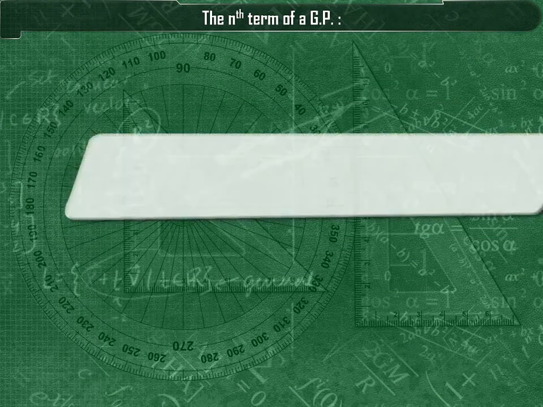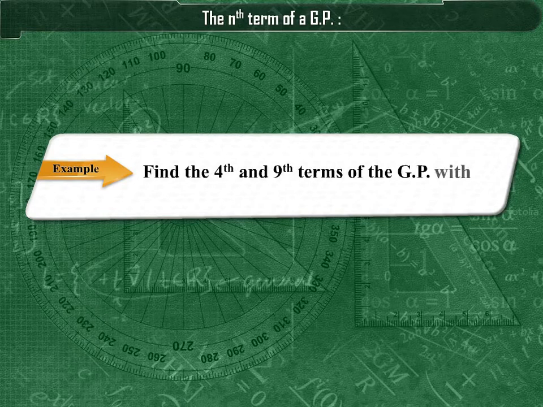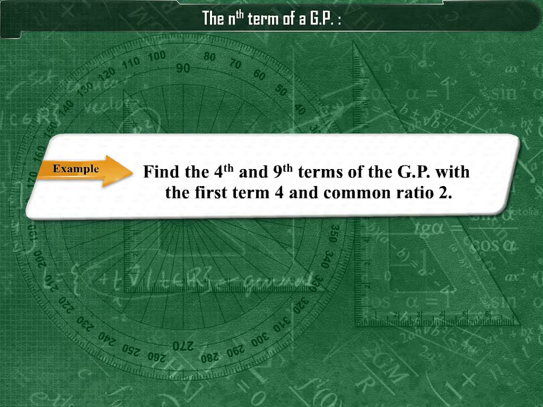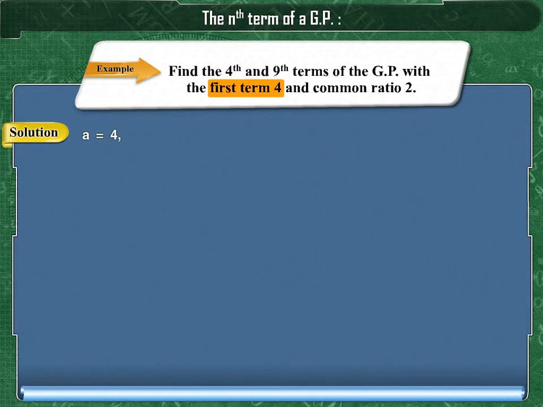Let us now solve some more questions. Find the 4th and the 9th term of a GP whose first term is 4 and the common ratio is 2. Here, the first term A is given as 4 and the common ratio R is given as 2. We know the formula Tn is AR raised to n minus 1.